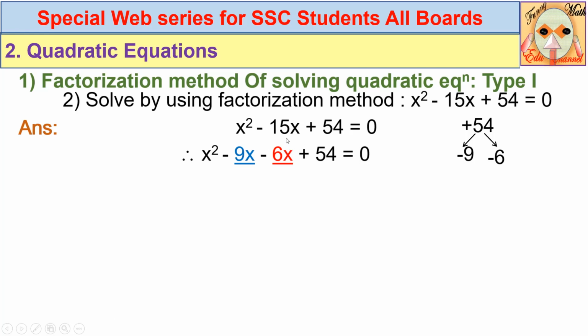So I have split the middle term as minus 9x minus 6x. Instead of this minus 15x, we write in the next step x square minus 9x minus 6x plus 54. These two extreme terms are as they are.